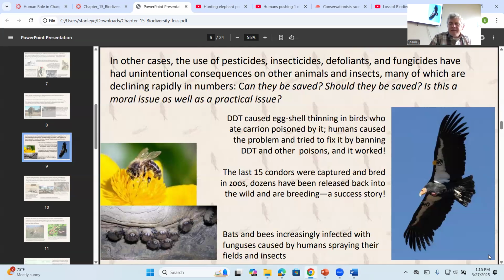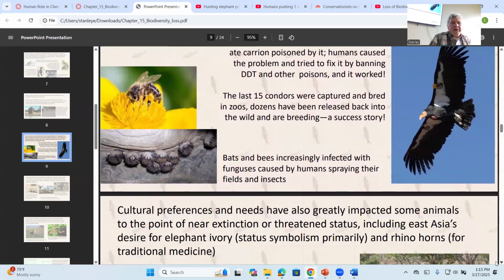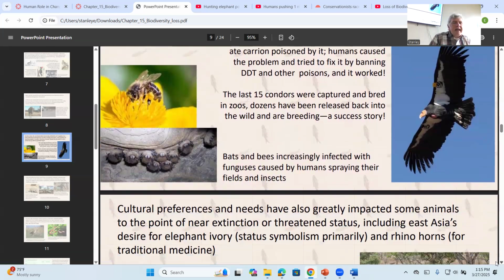A much more recent case: before I was a professor, in one of my previous lives, I was an underground cave guide, and we would go into caves and show people around. One of the things being increasingly affected is bats, right? Bats fly around and go into fields, and they often pick up these chemicals and go back to their caves and spread them around.